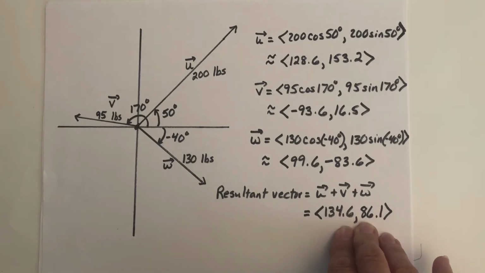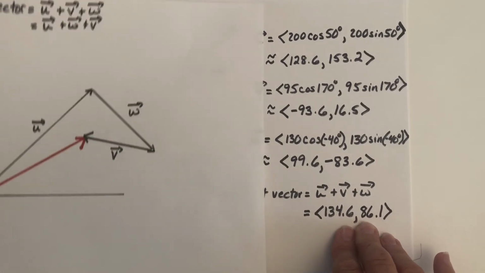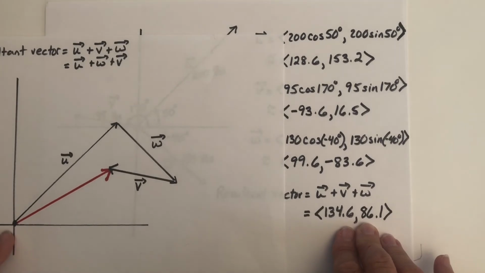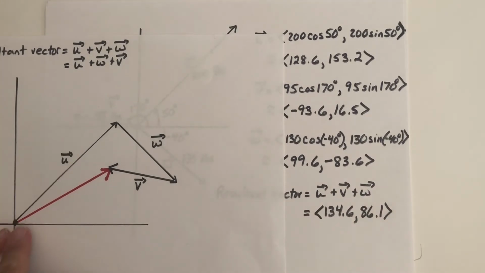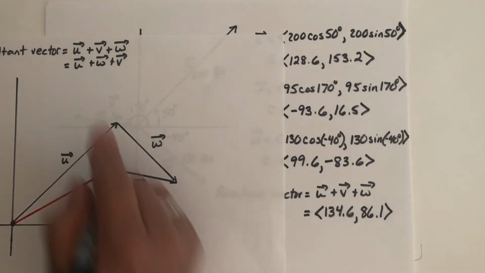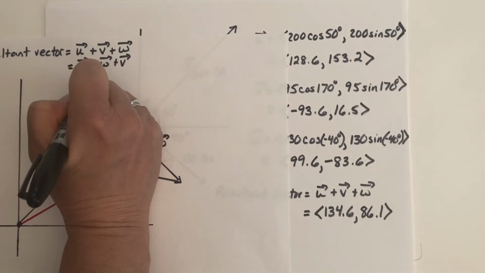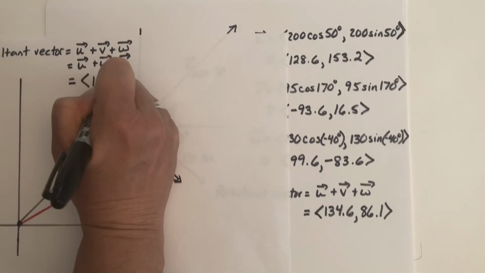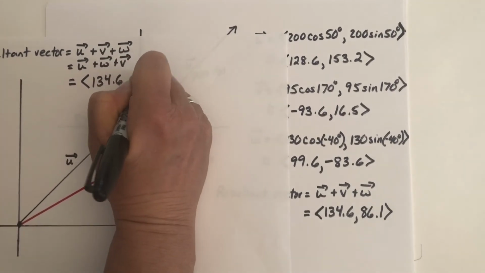Let me bring back the pictures. Let's see if it seems about right. Here's my picture. I didn't actually label any scale, but notice first quadrant, positive 134, positive 86.1. Seems about right. Let's put this on this page. 134.6, 86.1.